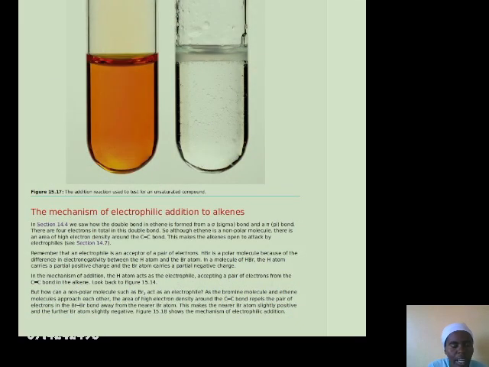So let's look at the mechanism of electrophilic addition reaction of an alkene. There are 4 electrons in total in the carbon-carbon double bond. In ethene, for example, we have a sigma bond and we also have a pi bond. Ethene is a nonpolar molecule. A polar molecule is one that has electrons being pushed to one end.